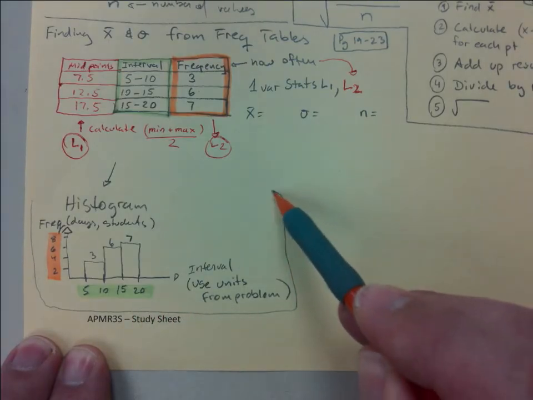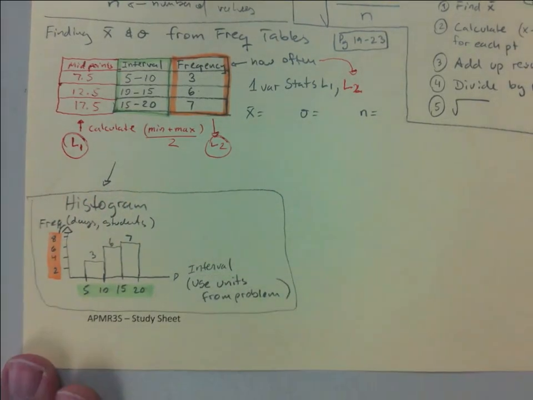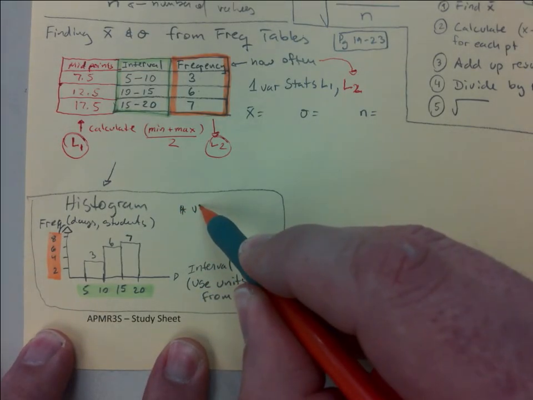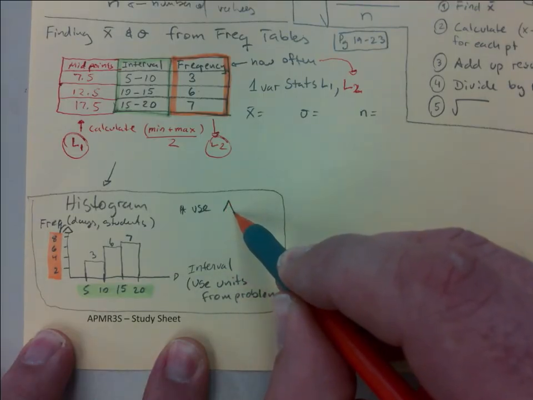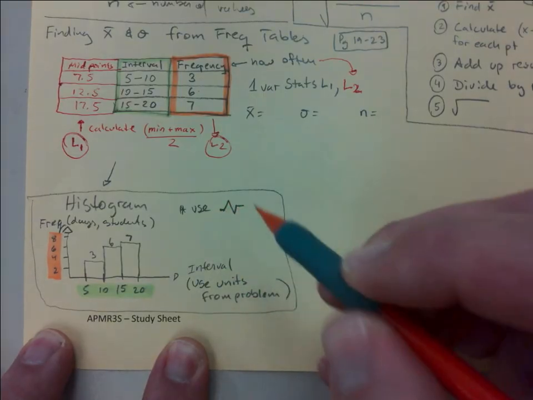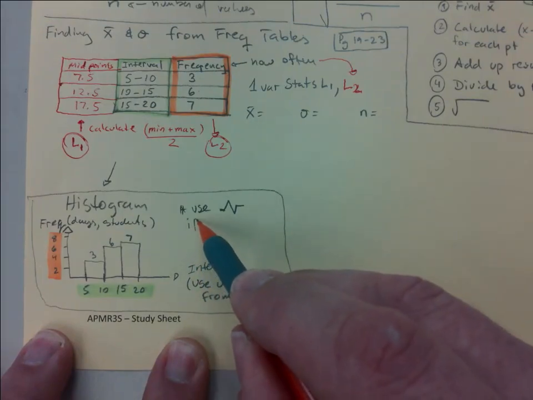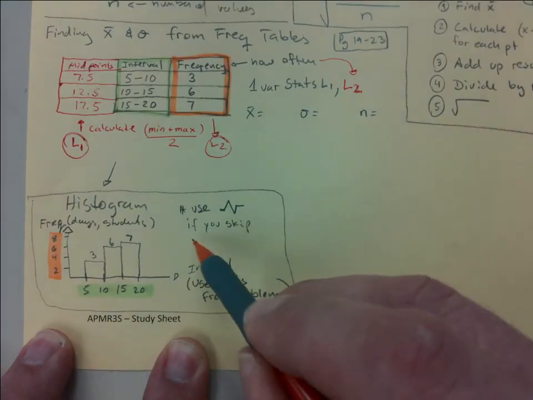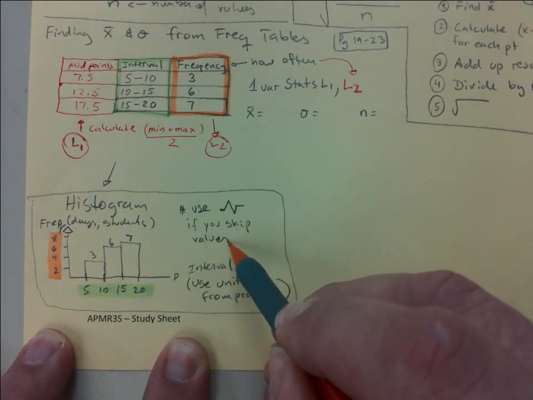You know what? I do want to talk about the zipper. Okay, I will say this. Use the zipper if you skip values, okay?